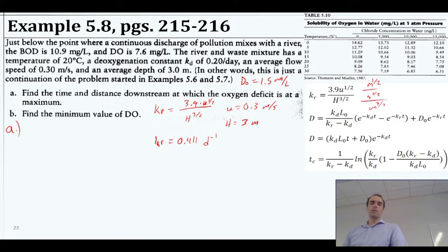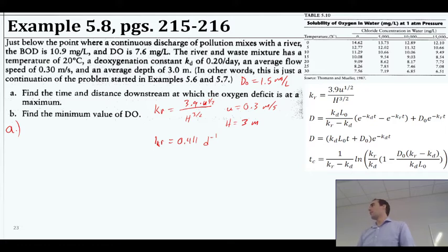So you might be able to get seconds to the 1/2 on the denominator, but none of that actually matters, because what we were told from the book is that this is an empirically derived way to get to a rate constant in per day units based on measuring the river speed and depth in meters and seconds. Normally I tell you units are everything. This is an empirically derived situation, so we're just going to say magic 0.411 per day.